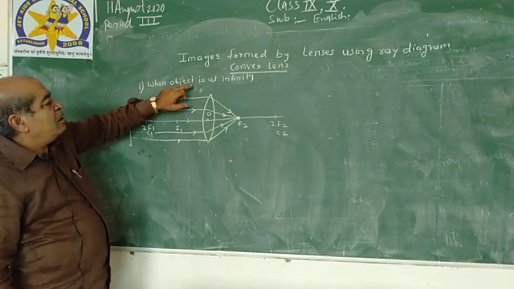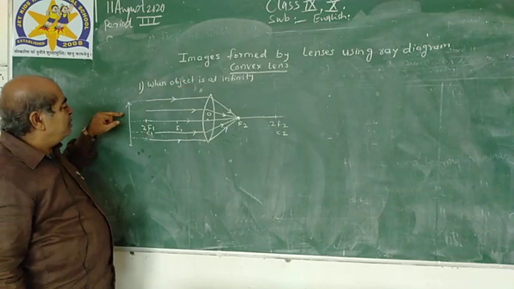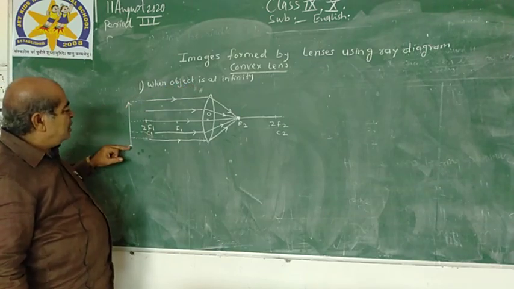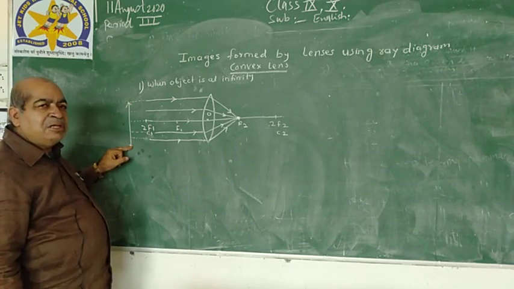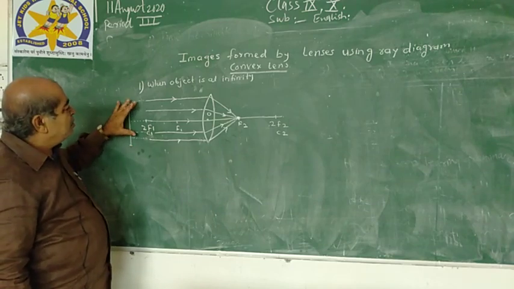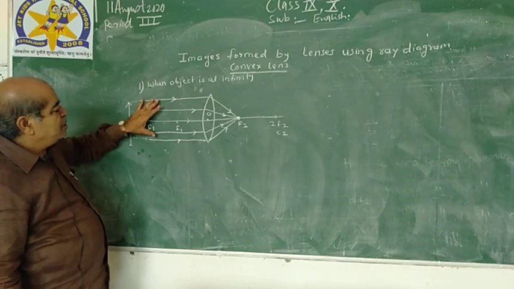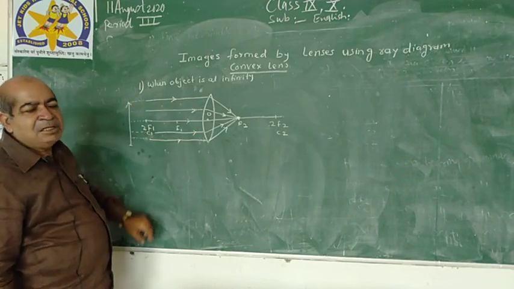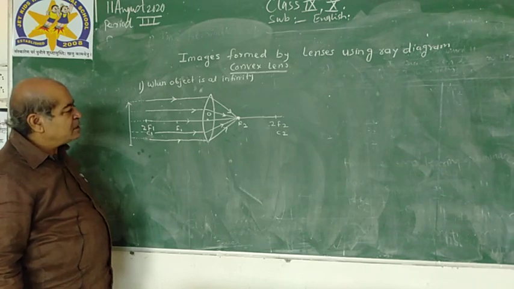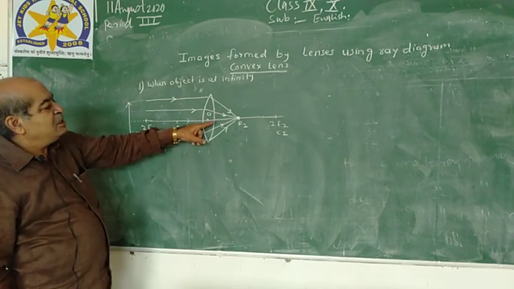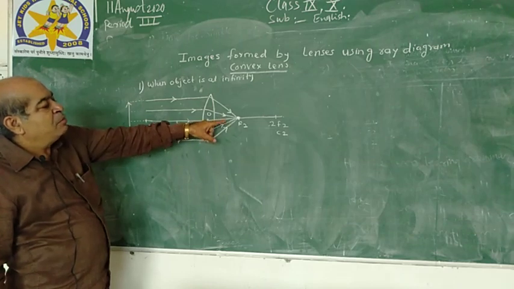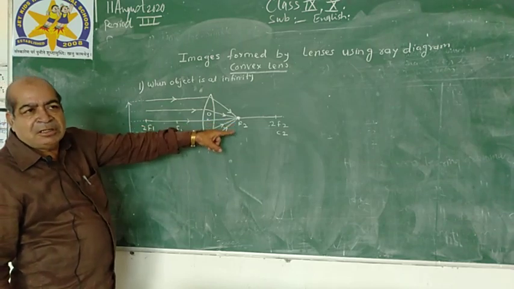So when the object is at infinity, this is the object. Rays coming from the object at infinity are parallel rays. When these parallel rays are incident on the convex lens, after refraction they are passing through the principal focus on the other side.